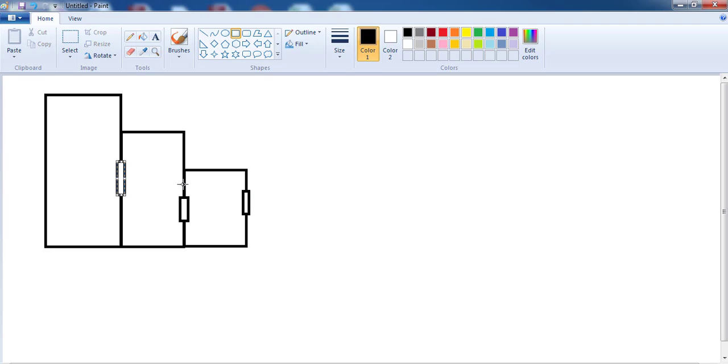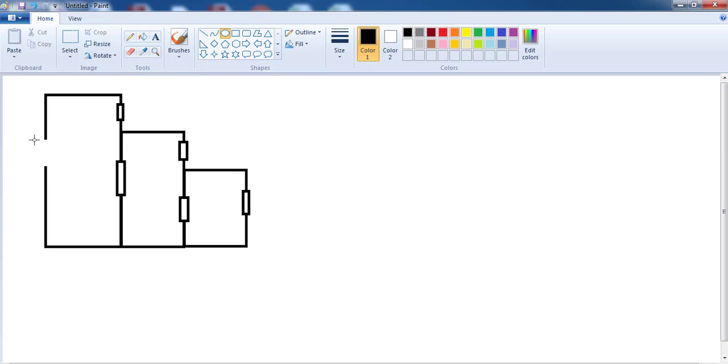This is a resistor, and this is a resistor, and let's put here also a resistor, and let's throw here also a resistor. Then we'll give them values.